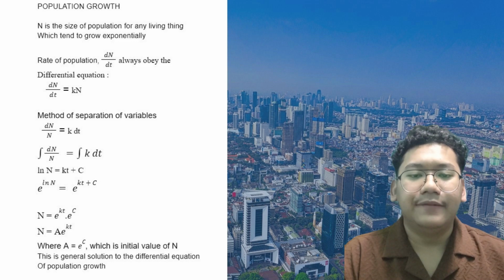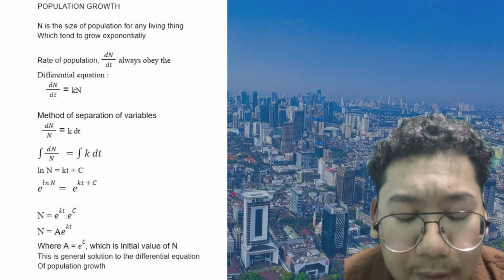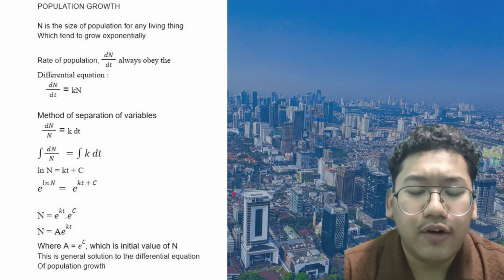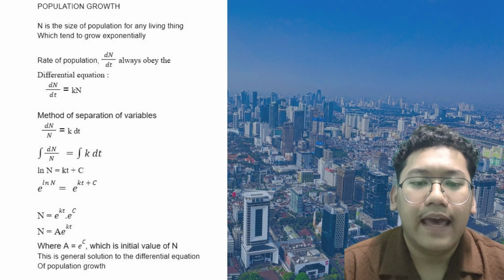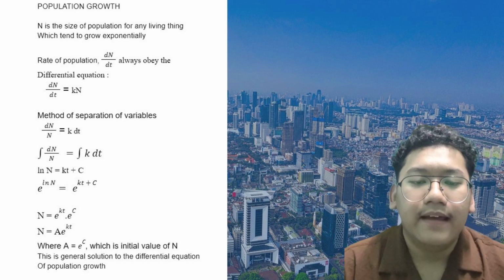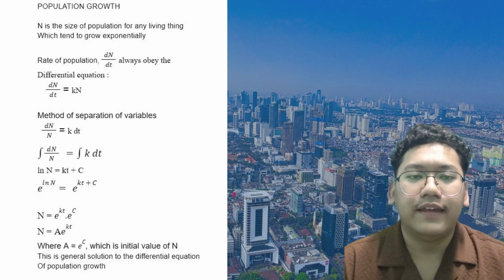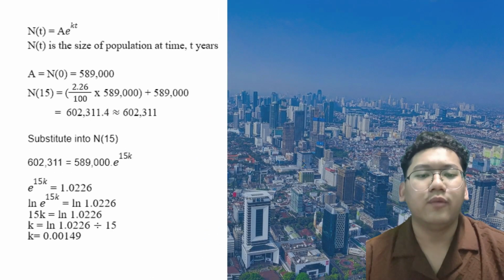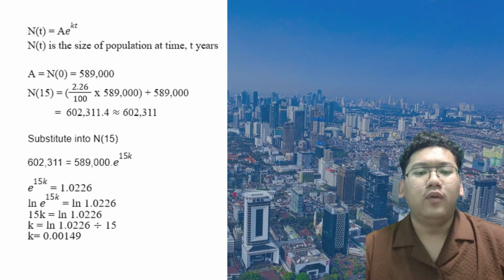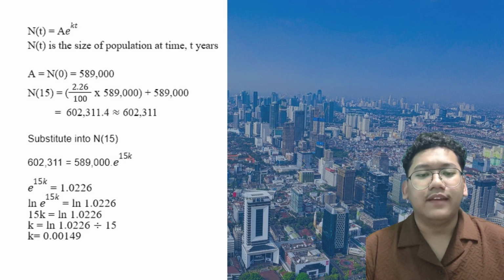A is the initial N. And then we will get the general solution for population growth, which is N equals A times the exponential of kt. Okay, moving on with the problem. Our equation right now is N(t) equals Ae^(kt).